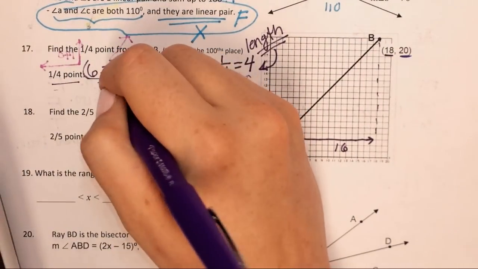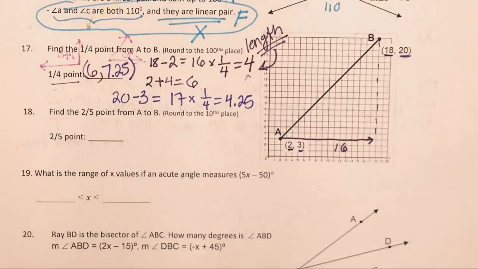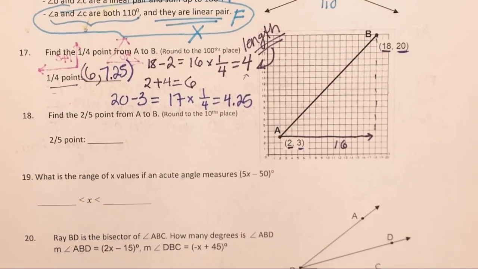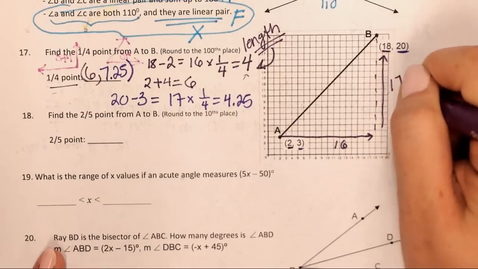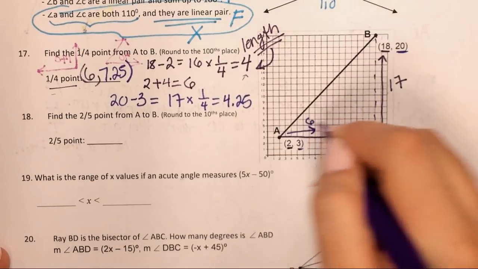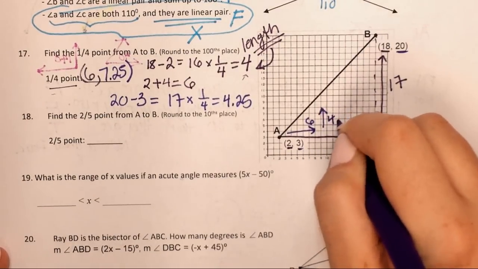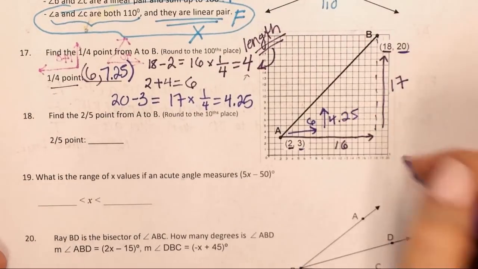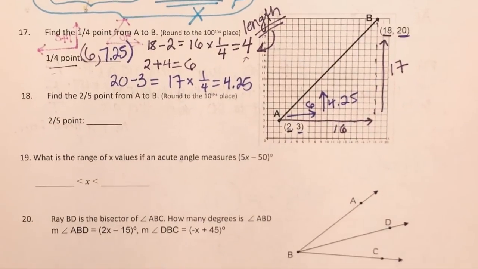So my y-coordinate is 7.25. So I go over 6 and I go up 4.25. That's not exact, but that's the idea of what's happening.